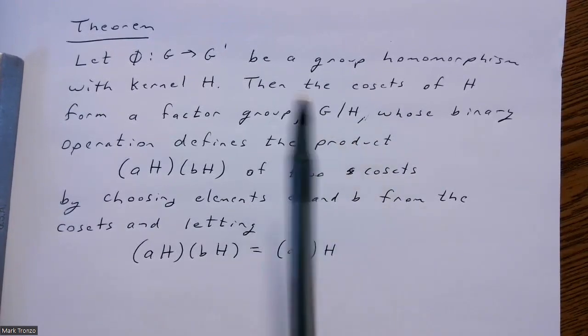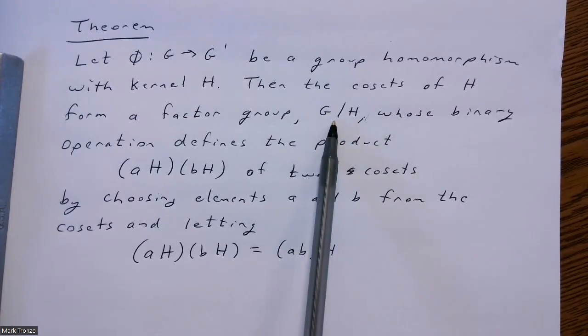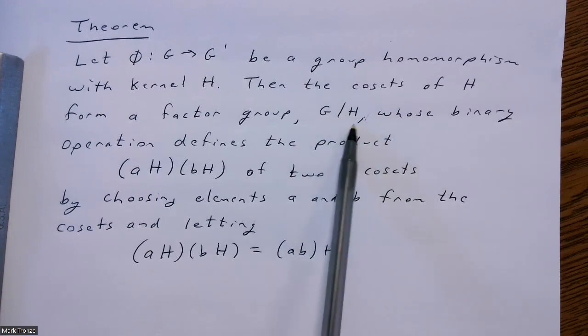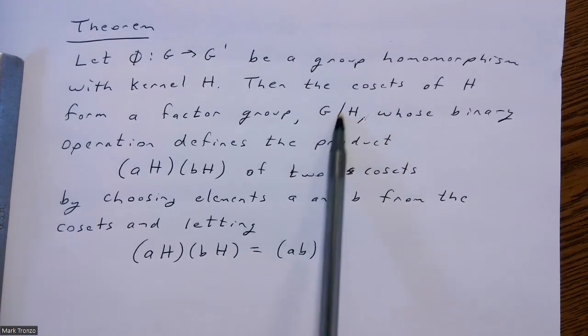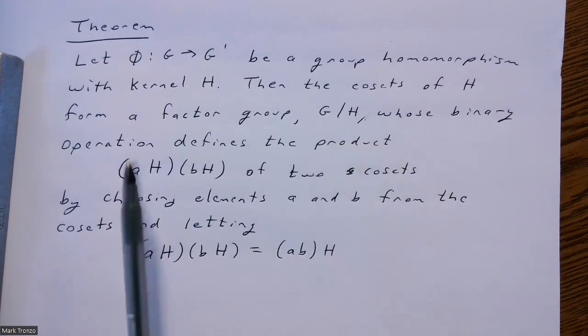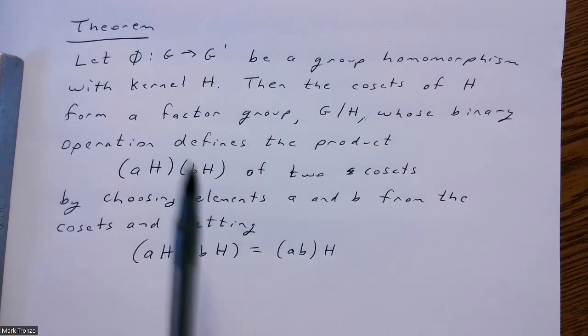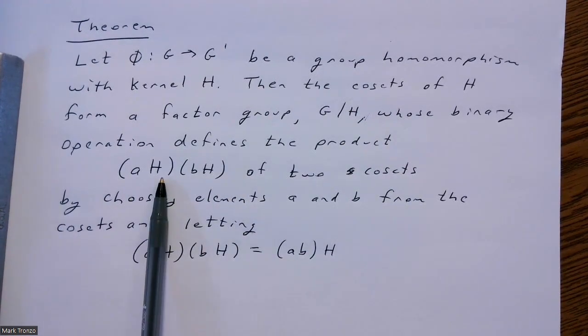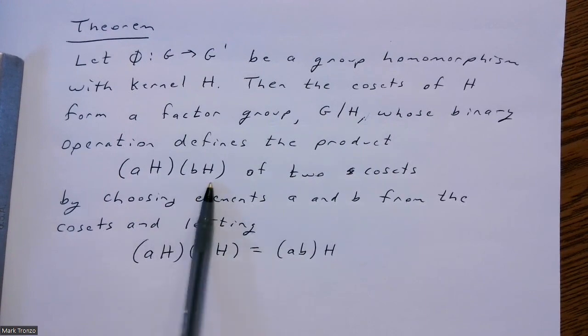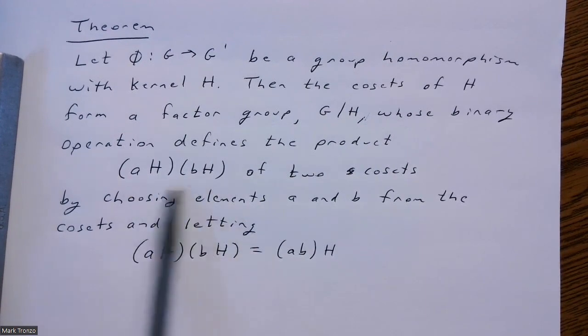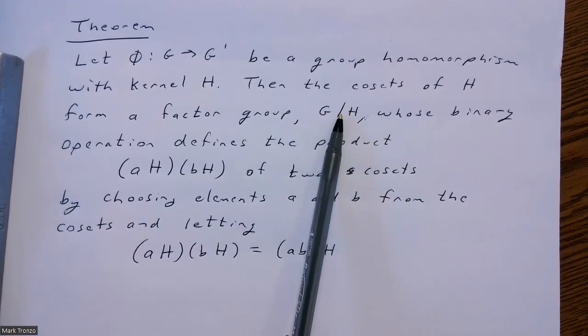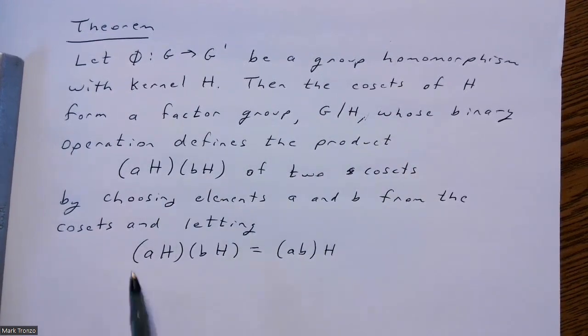But again, these cosets themselves form a group, and they have this binary operation where aH times bH, multiplying these two cosets, is defined by abH. So again, we'll be working with this a little bit later.